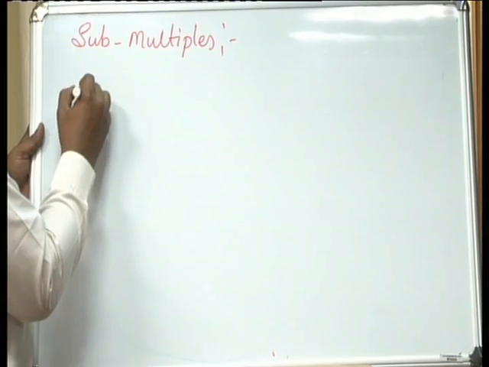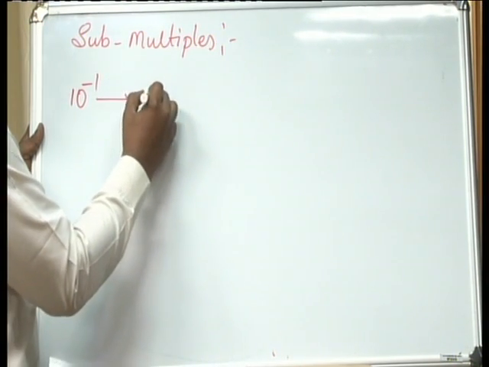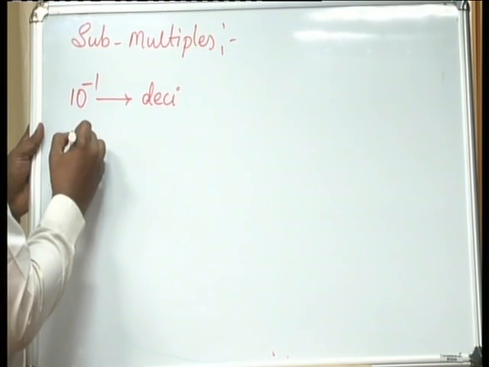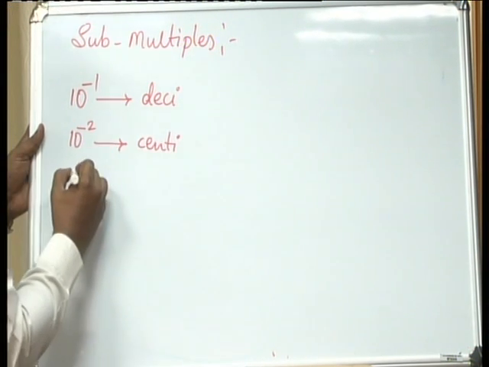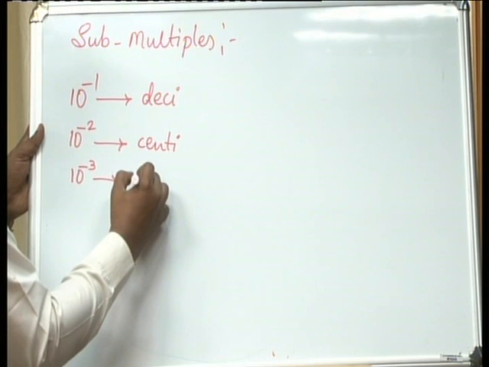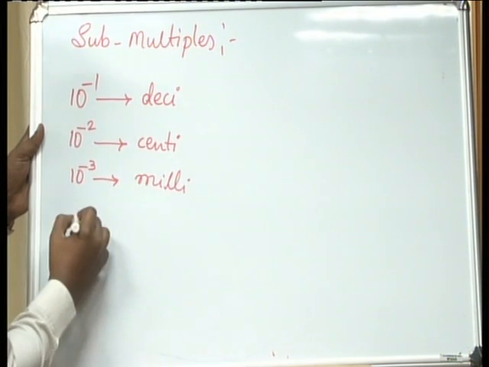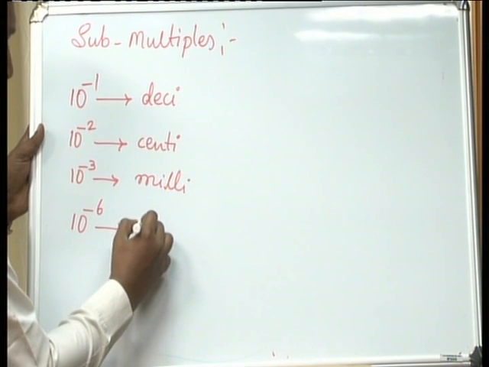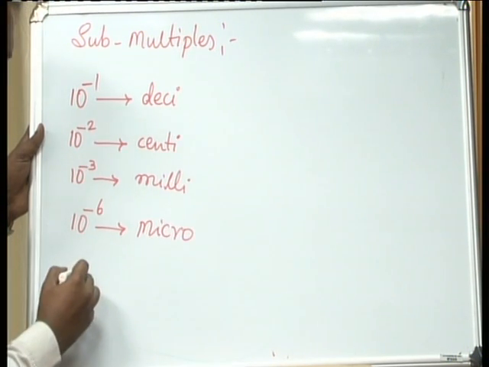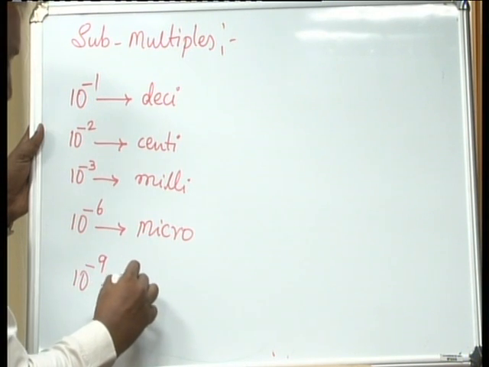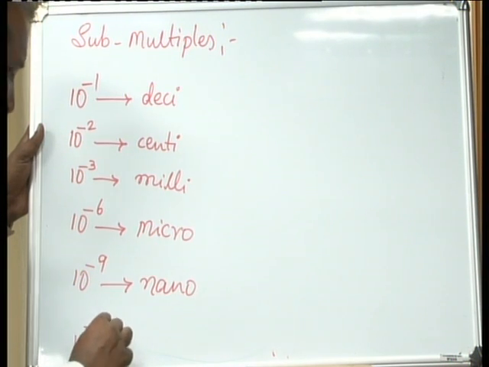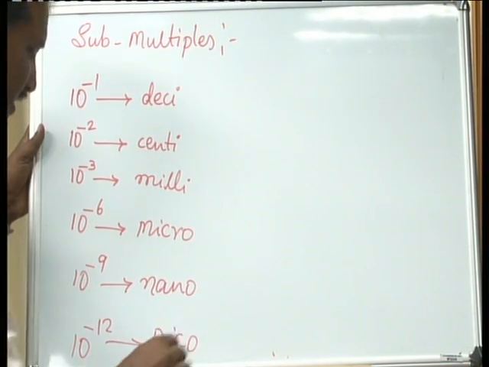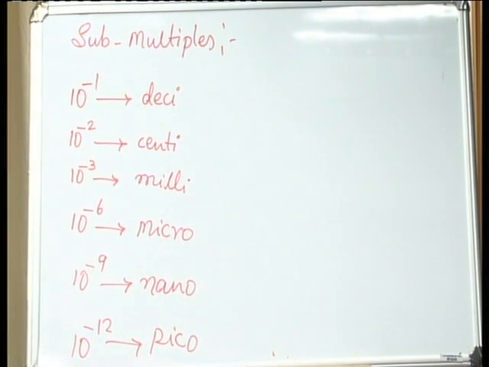Number 1 is 10 power minus 1, labeled as deci. 10 power minus 2 is called centi. 10 power minus 3 is milli. 10 power minus 6 is micro. 10 power minus 9 is nano. 10 power minus 12 is pico. 10 power minus 15 is femto. 10 power minus 18 is atto, like that.